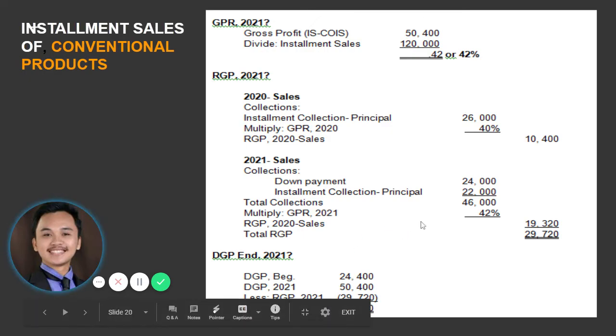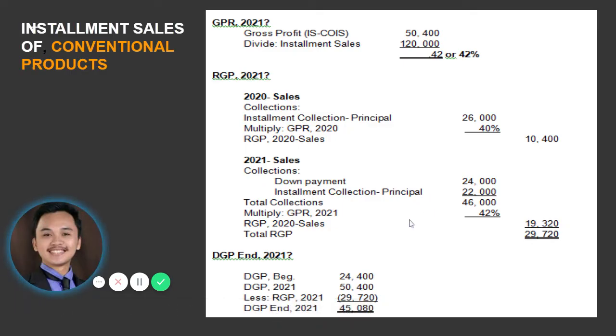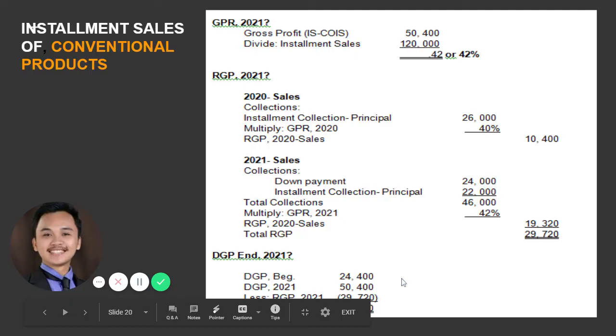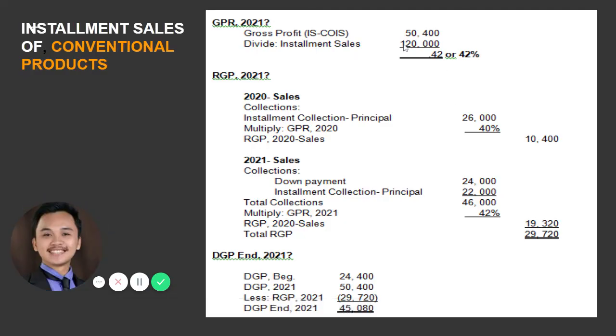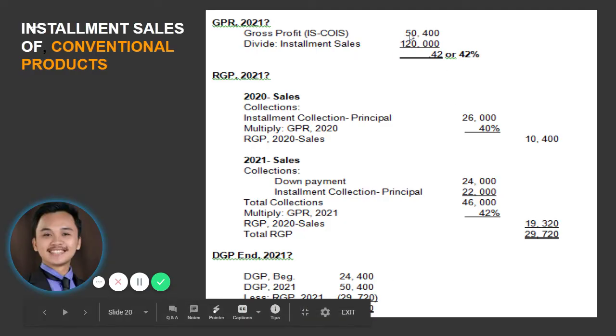And then, add DGP for this year, for 2021, nga 50,400. So that's the deferred gross profit for this year. This one, 50,400. And then less the total realized gross profit in 2021, which is 29,720.